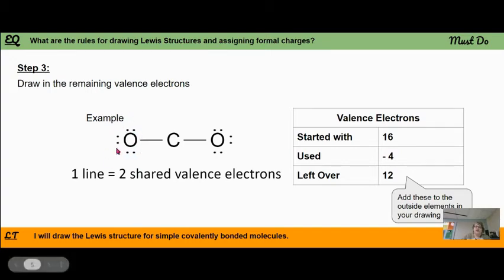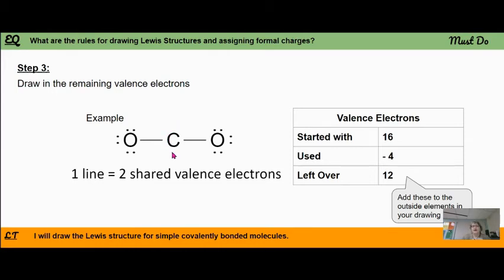So the elements that are on the outside, not the inside one, spread them out so that you try to get 8, right? So here I have 2, 4, 6, and then that 2 is 8. Okay. Make sure though that you're only drawing them on the outside.